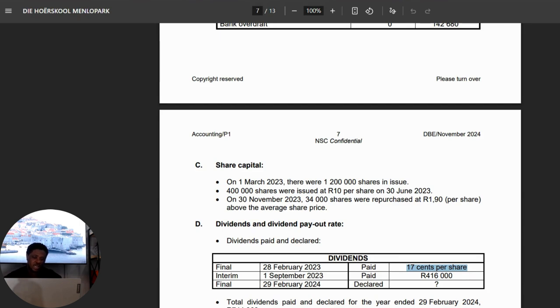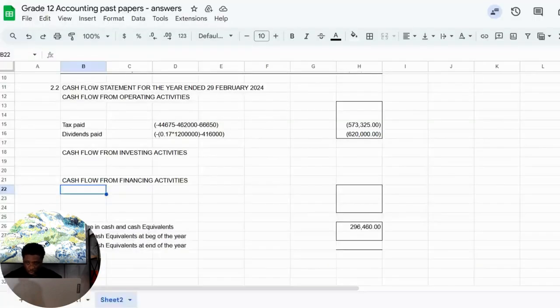When it comes to shares, we basically look for two things. We look for shares issued, but also the shares that were repurchased. So now, starting with the shares that were issued, you can see that there was an issue of 400,000 shares at 10 Rand per share on 30th of June 2023. So that would then work out to this. So cash flows from financing activities.